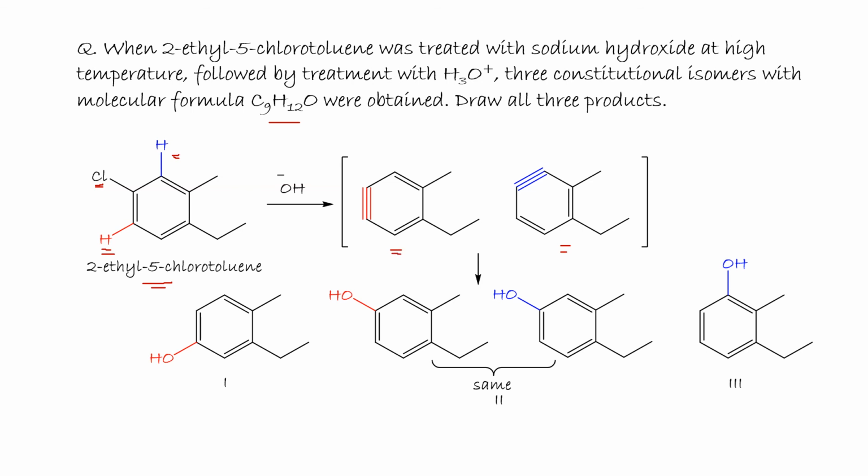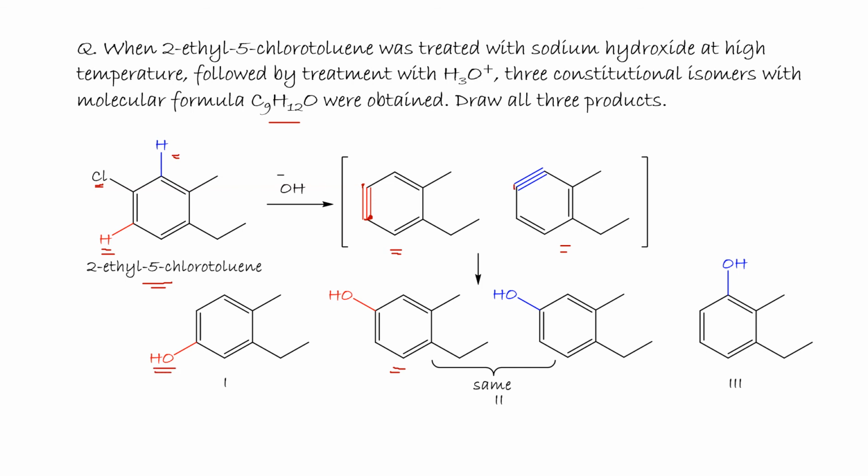Then addition of OH minus either on this carbon to form this OH, of course followed by addition of H plus, and in here, if you add the OH on that, then we get this product.